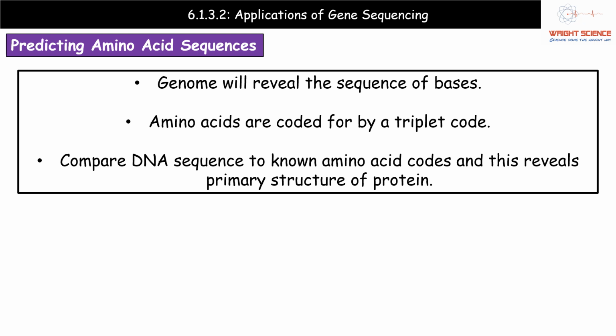So if we know the sequence of bases, we can then utilize that information alongside the amino acid triplet codons to then work out what we're likely to see in terms of that sequence of amino acids. So this is then going to give us the probable primary structure of a protein.